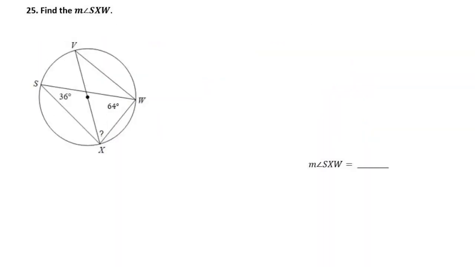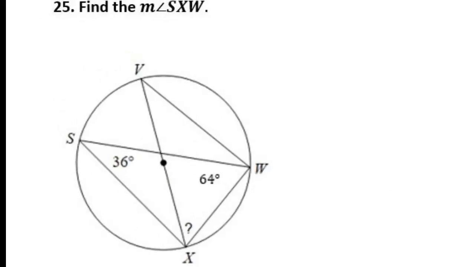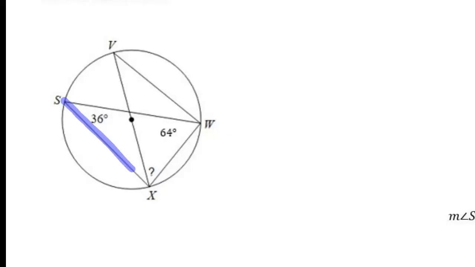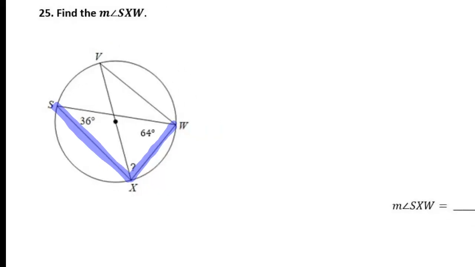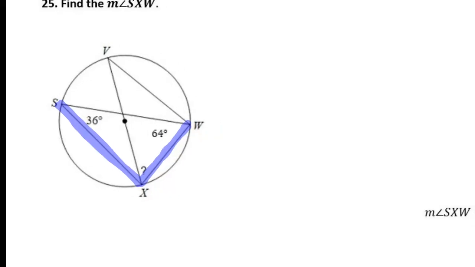25. Find the measure of angle SXW. This is the angle that we want to find the size of. Well, if I could figure out how big this arc is right here, I know that the angle is half of that arc.